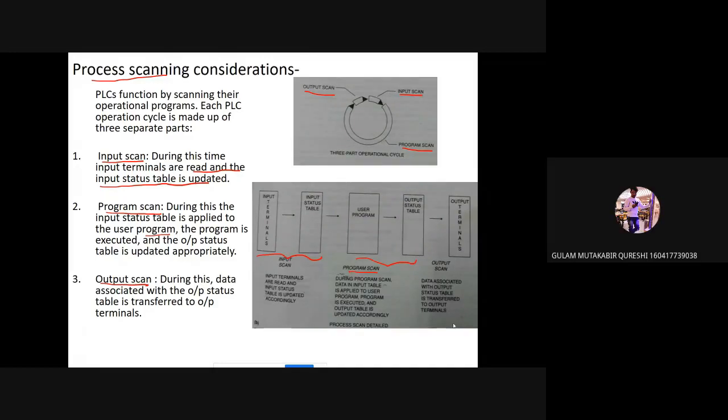So we got to know that a PLC, which is nothing but an industrial controller, does a reading operation from the outside world. The outside world is called the input terminals. They can be analog input or digital input.